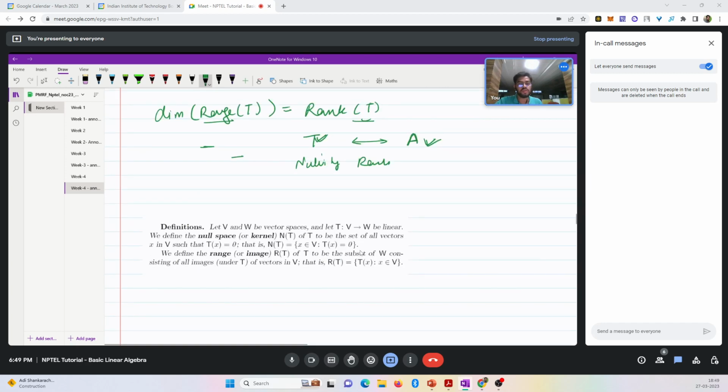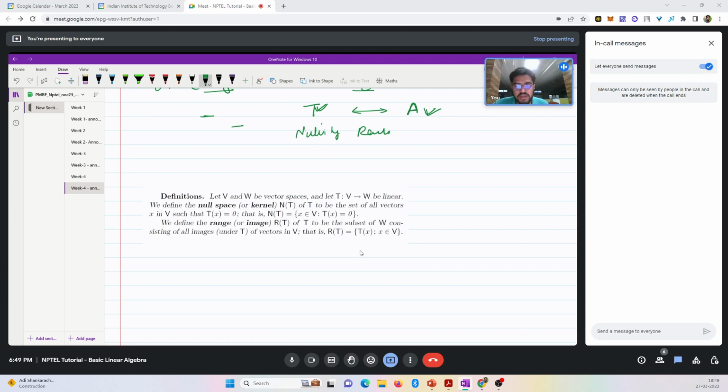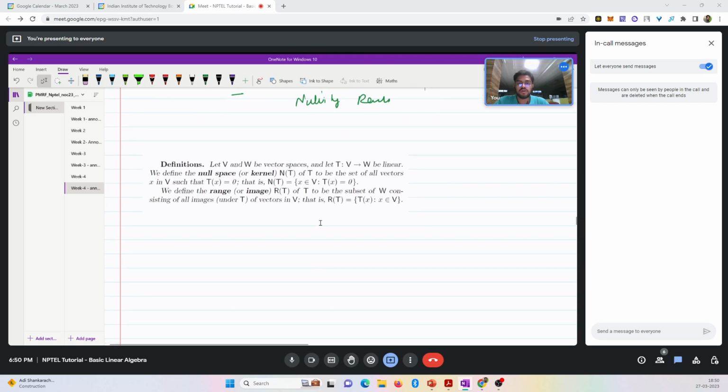So here is a formal definition. I was a bit crude, but here is a formal definition for what is called null space. Let V comma W be vector spaces and T is a linear transformation from V to W. We define null space or the kernel to be the set of all vectors x in V such that T of x is equal to 0.